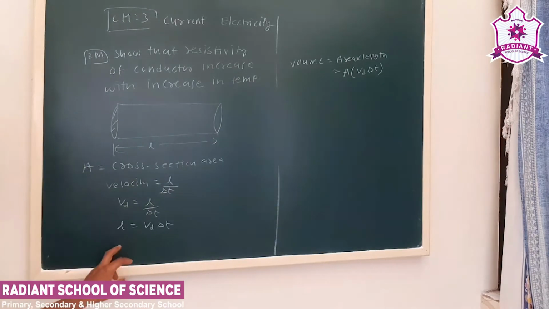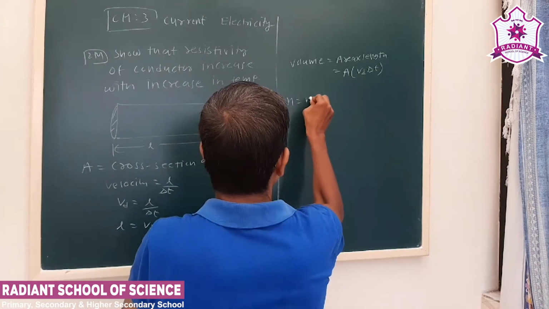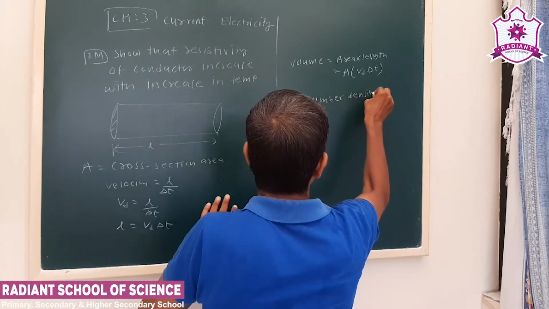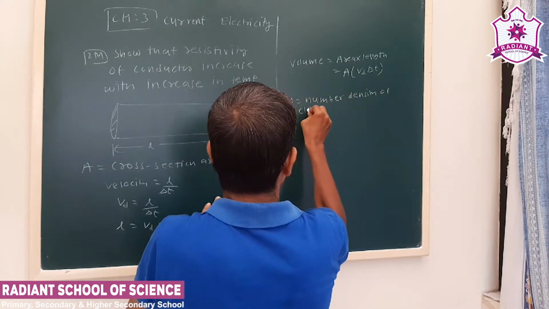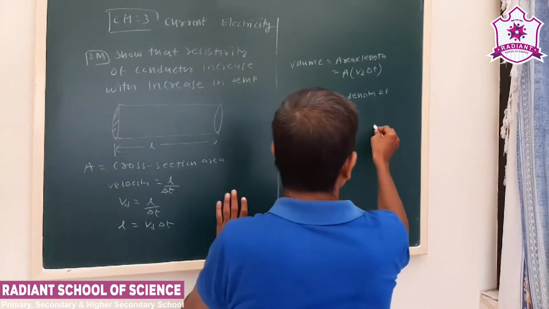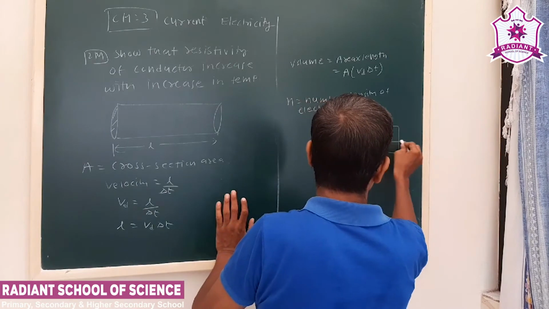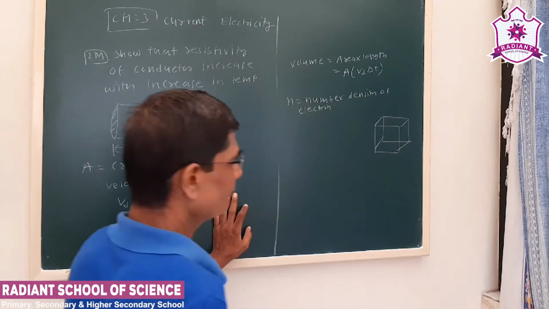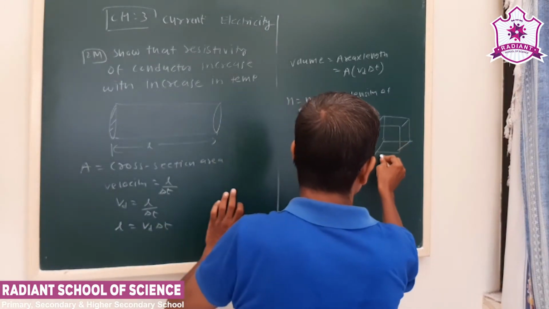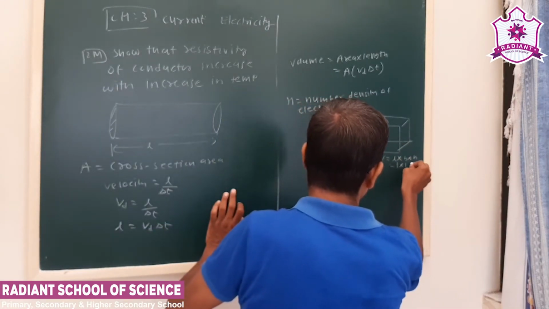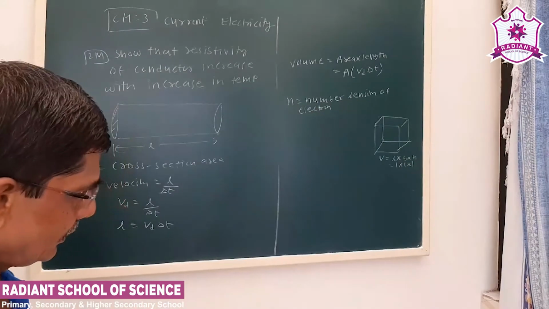Okay, that we have seen. Now N is the number density. Now what is number density? Suppose we take a conductor of 1 meter cube dimension, that is, volume is length into breadth into height. So we take a conductor of 1 meter by 1 meter by 1 meter size.